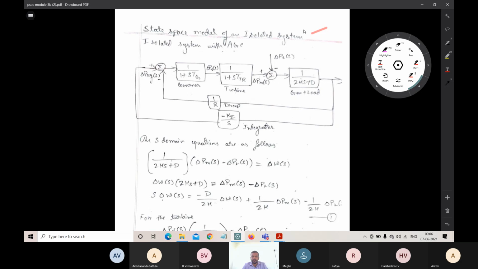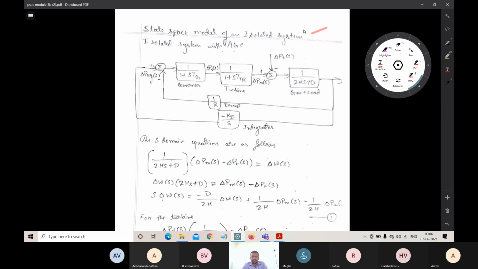In the Routh-Hurwitz criterion, what happens? If the sign is negative there, that means the system is stable. By comparing the different parameters, we can go for stable operation. In the state space model, the system allows the design of a controller.